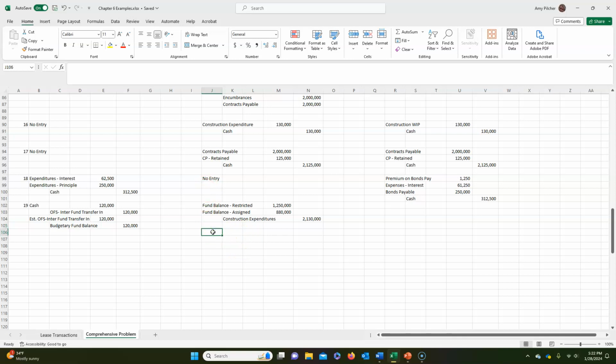Then we have our other fund uses, interfund transfer out of $120,000, and we paid cash of $120,000. We have fund balance unassigned or assigned. And other funding uses, interfund transfers out.